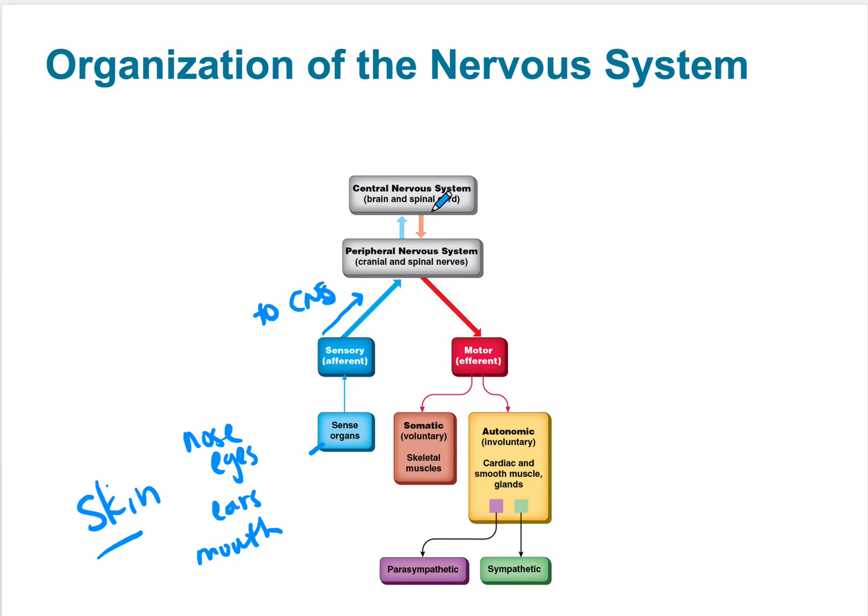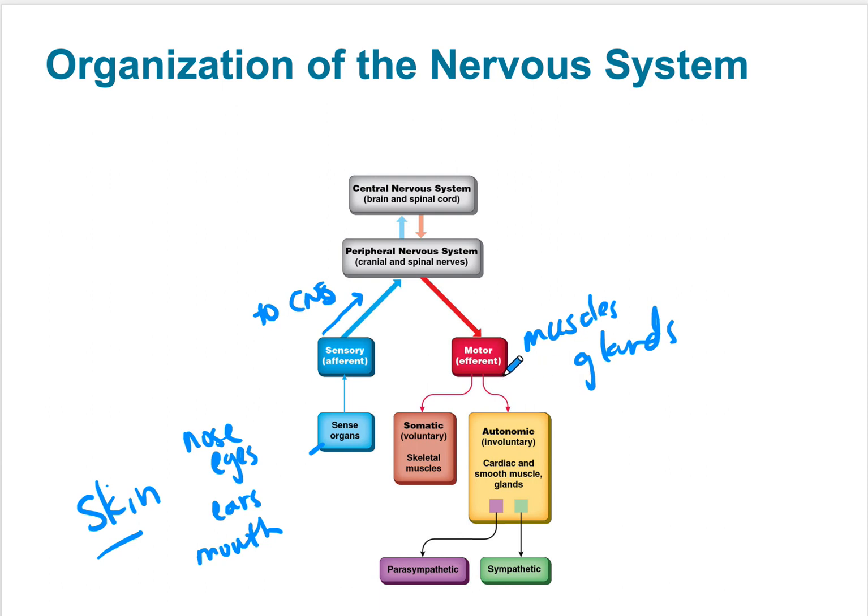And then it's going to go out of the brain and spinal cord to our peripheral nervous system, and then it's going to go to our motor, which is going to be muscles and glands, where some kind of response is going to happen. Okay, so it's going in, processed, and coming out.